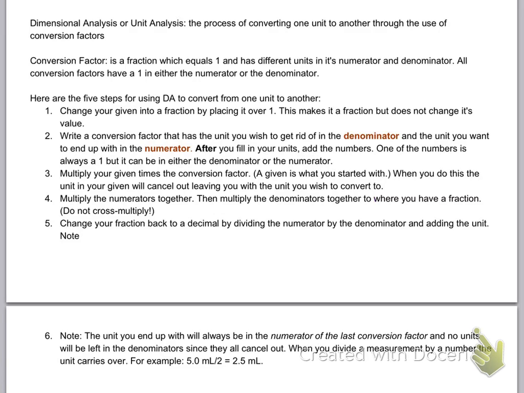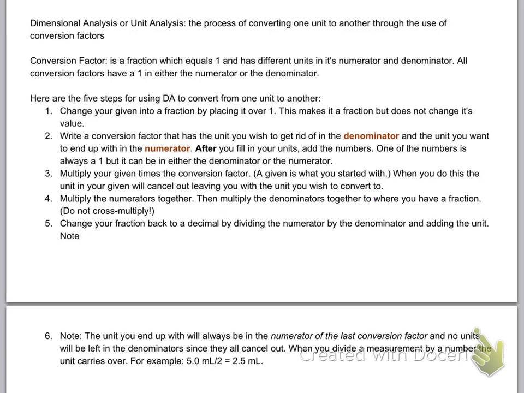Then in step 3, we're going to multiply the given by each one of these conversion factors. By multiplying them, you will be able to cancel out your units because you'll have miles on top and miles on the bottom.